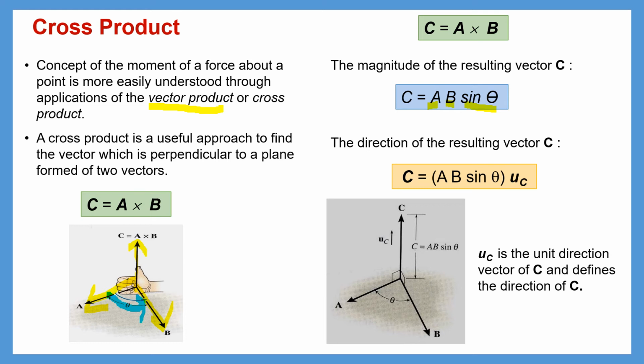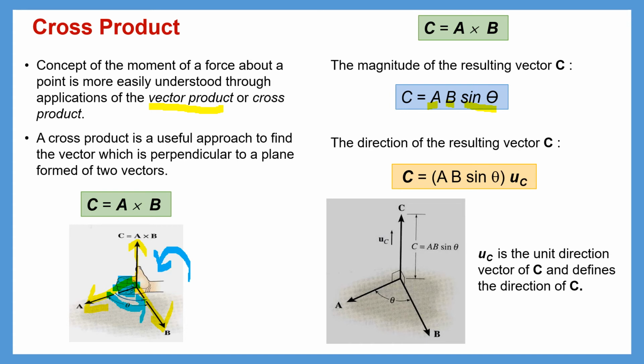To decide the direction of the resultant vector C, we can apply right hand rule again. So our fingers will be curled from A to B, as in this one, A to B. So it means that it is in counterclockwise direction.